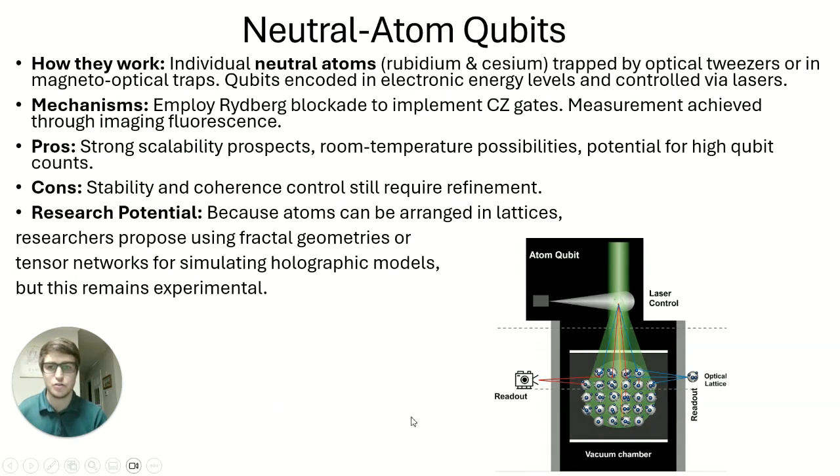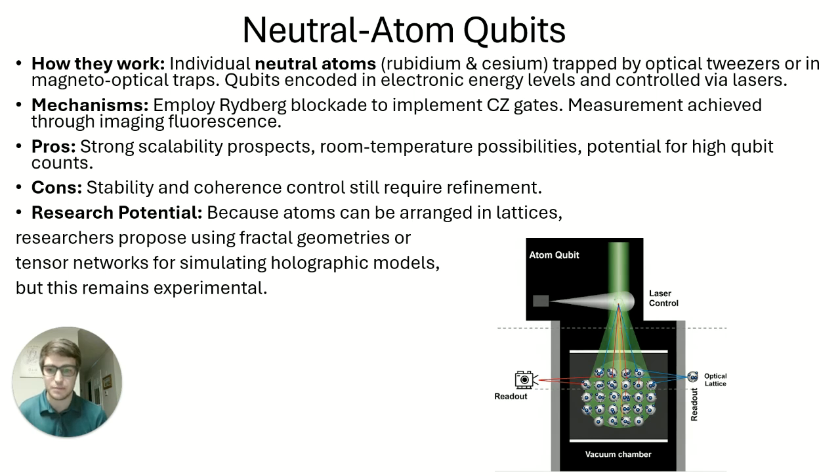You can also use neutral atoms like rubidium and cesium, also excited by a laser, to compute information. And that can actually be done at room temperature, which makes it appealing.